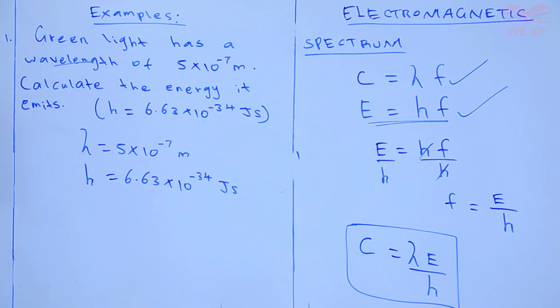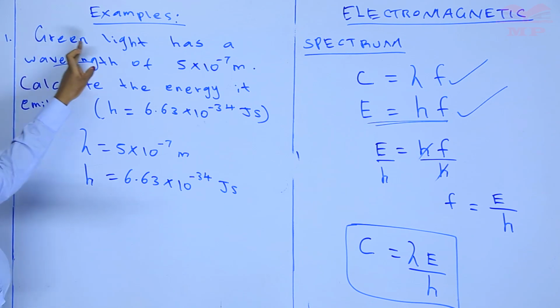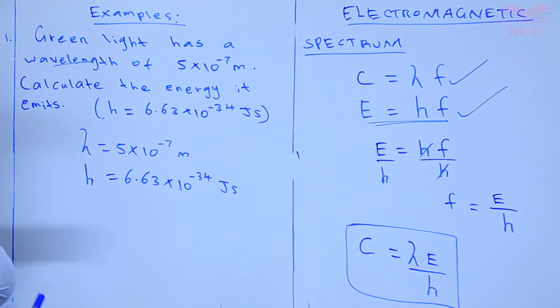Now, from this, what else do you think we have been given, though it may not be written here? What else do we know? We are talking of green light. Green light is an electromagnetic wave because it is in the group of visible light.